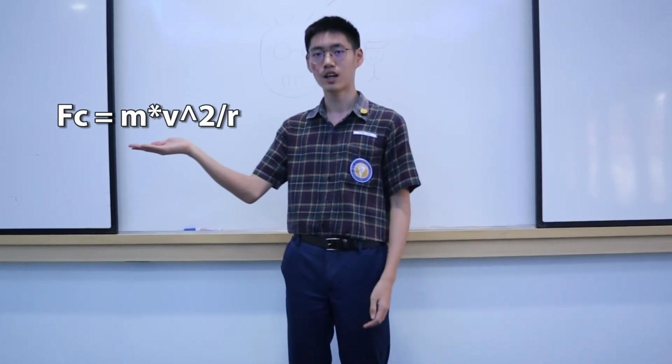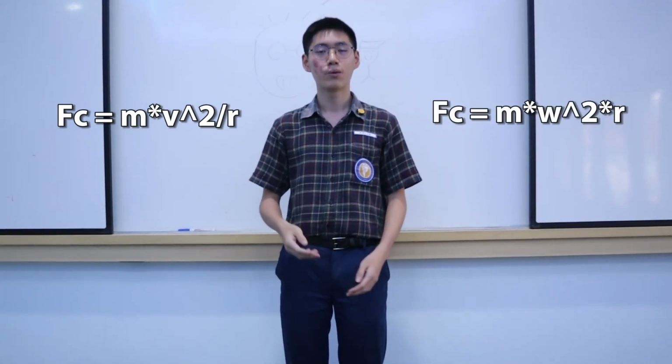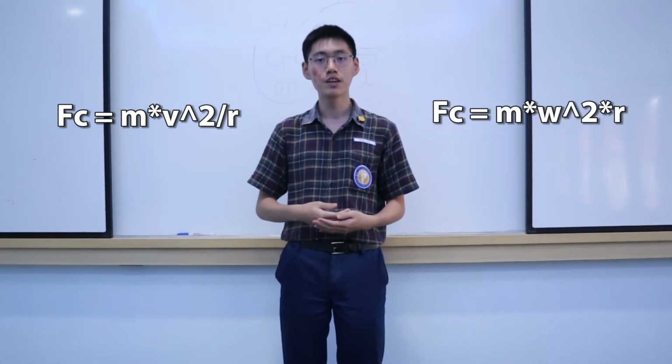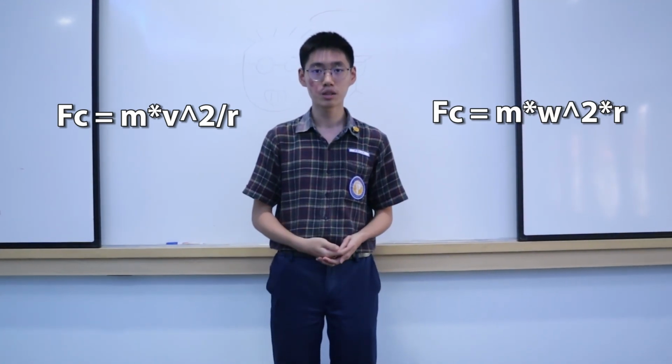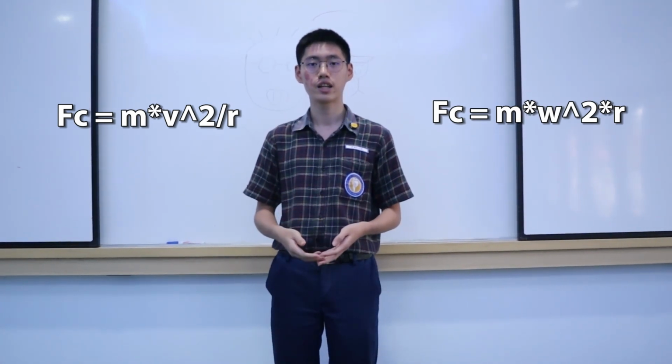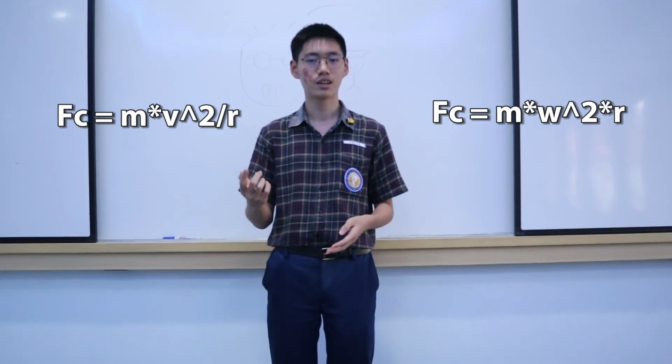There are three things to note about centripetal force. It is a force that acts on an object moving on a circular path. Secondly, the force always points into the center of the circular path. And the third one is that the magnitude can be calculated by this formula or this formula, where m is the mass of the object, v is the linear speed of the object, w is the angular speed, and r is the radius of the circular path.